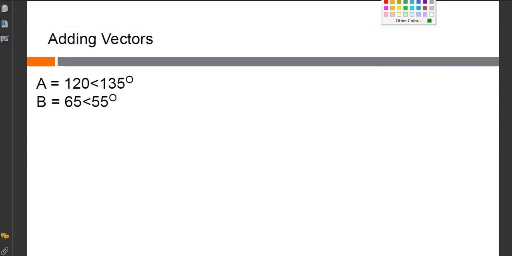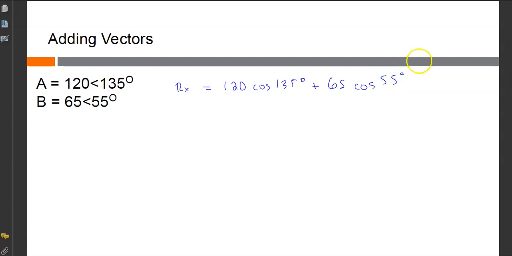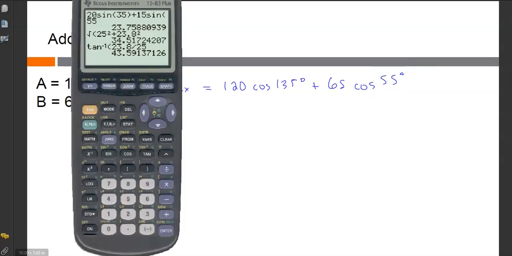And let me just show you how fast you can do this thing. I need to get r sub x. I know to use cosine. I'm grabbing the numbers, 120 cosine 135 plus 65 cosine 55. Okay, and I wouldn't even really have to write that down because I could just grab the calculator and punch it in. 120 cosine 135.